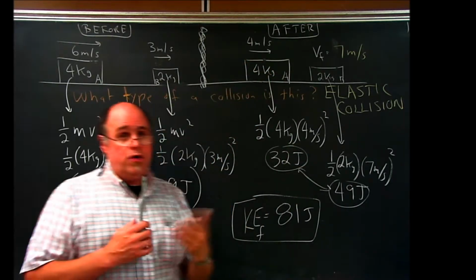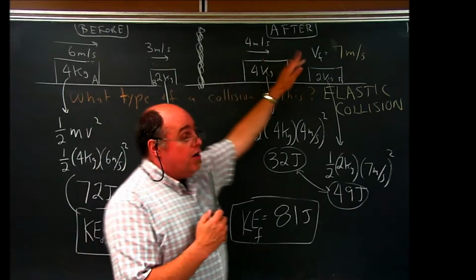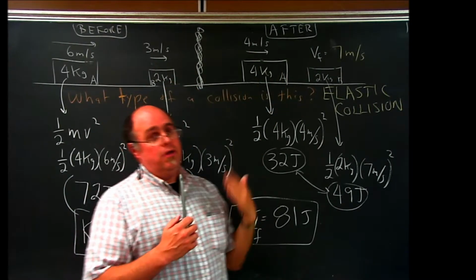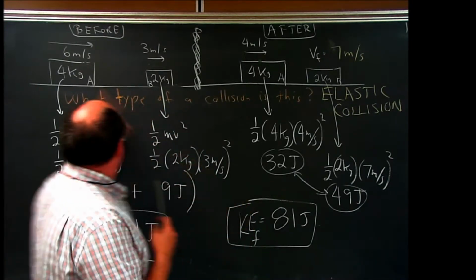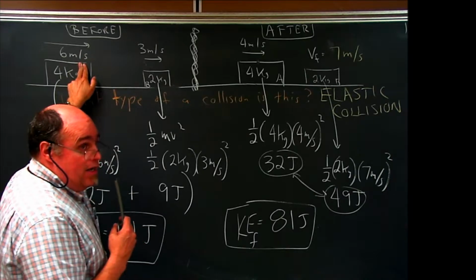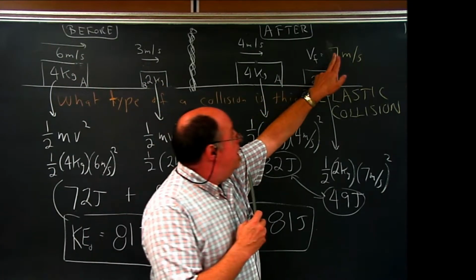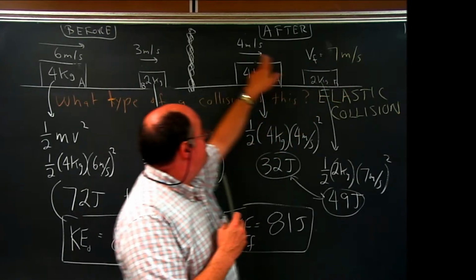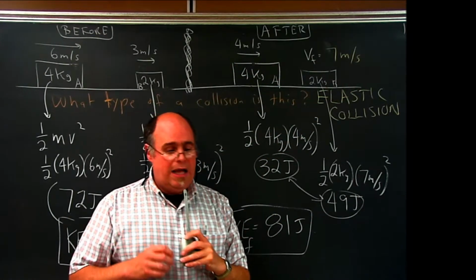If the change in the initial velocities equals the same number, then it's a hint that it's going to be an elastic collision. Here, A initial minus B initial is 3, and B final minus A final is 3. So that's also a hint that it's an elastic collision.